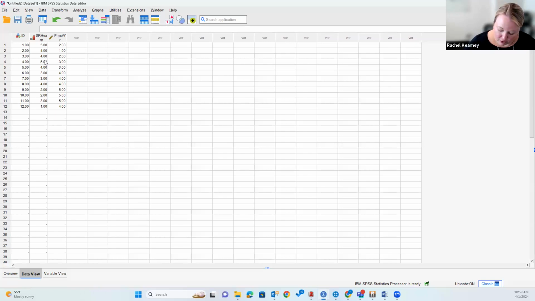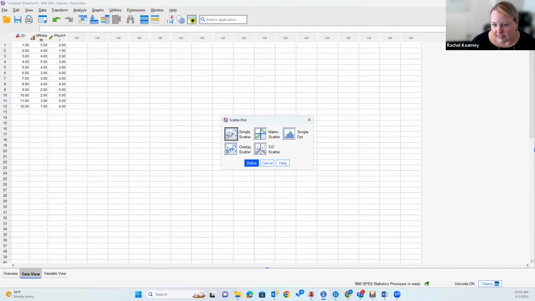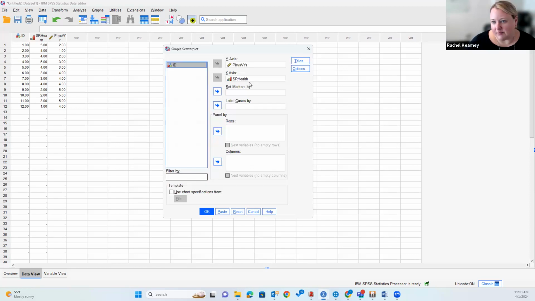So we're calculating a correlation. Sometimes what we'll do first is graph out your data. There are only 12 participants in this study, so doing a scatter plot with this data isn't quite as good as if you had a lot of data, but I'm just going to choose a simple scatter plot and put my values into the X and Y axis.